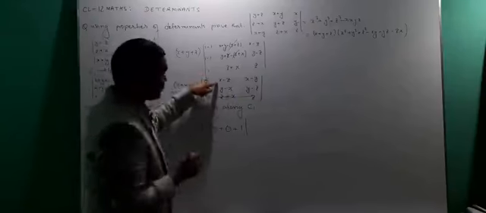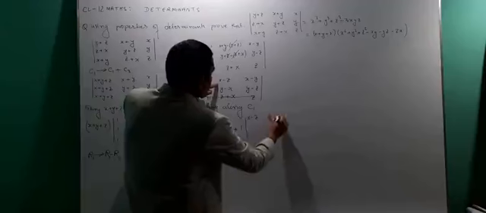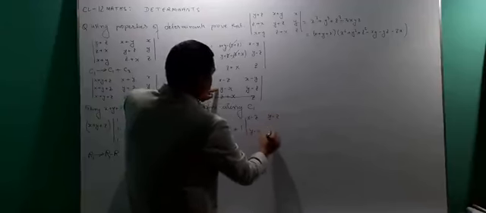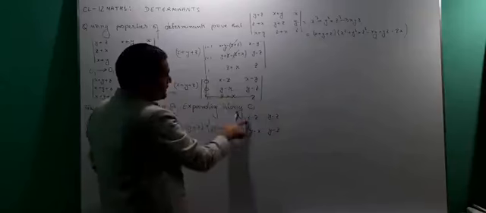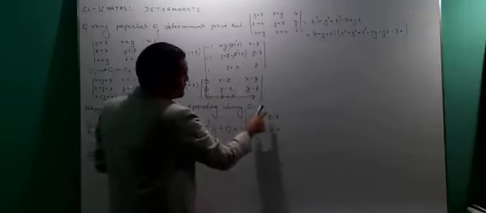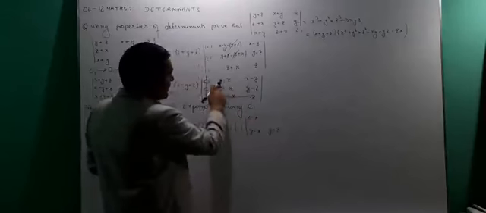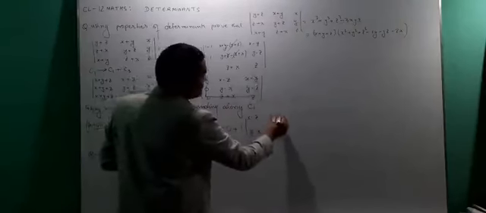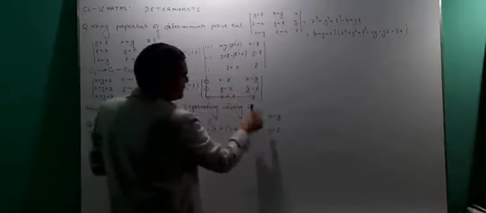That is the minor: x minus z, x minus y, y minus x, y minus z. Sorry, I made a mistake here. Now it's correct.